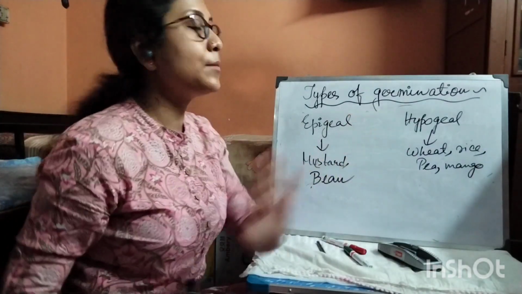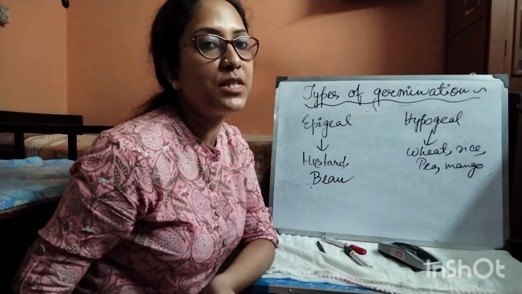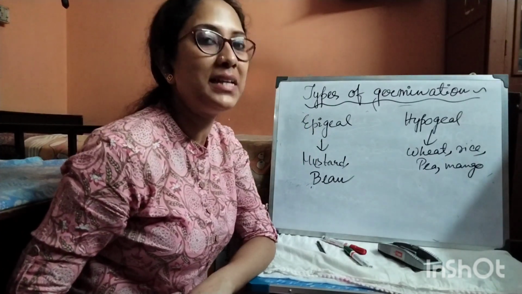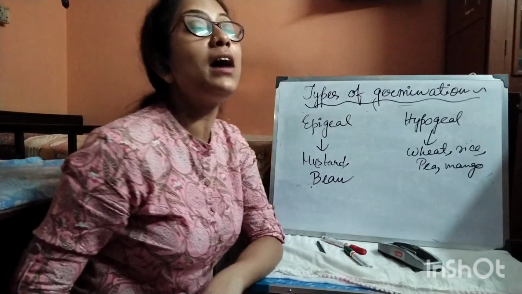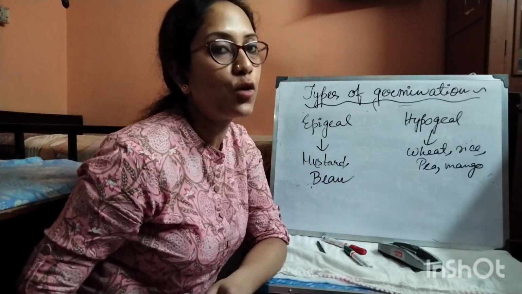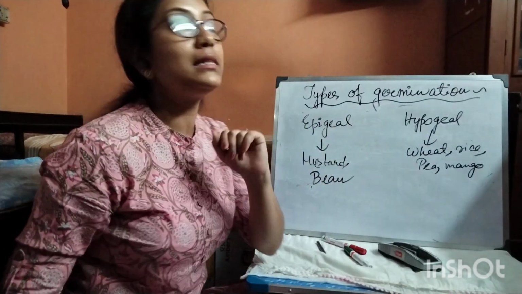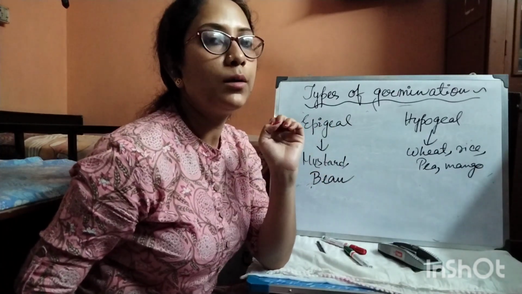So these are the examples of hypogeal and epigeal germination. In case of epigeal germination, mustard and bean are the examples, and in case of hypogeal germination, wheat, mango, rice, and pea are the examples of plants.